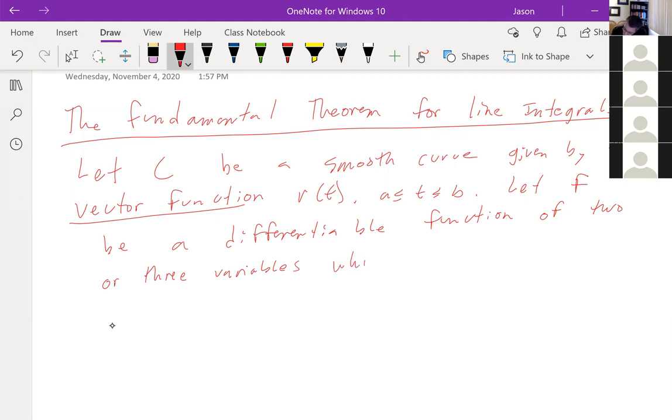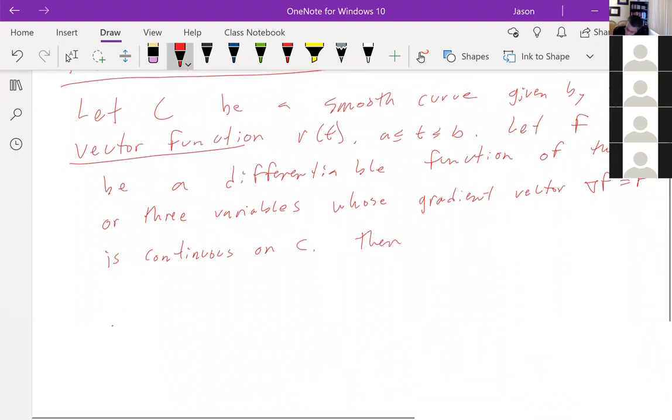whose gradient vector, gradient f equal to capital F, is continuous on C. Then the line integral over C of F dot dr is equal to the line integral of the gradient of f.